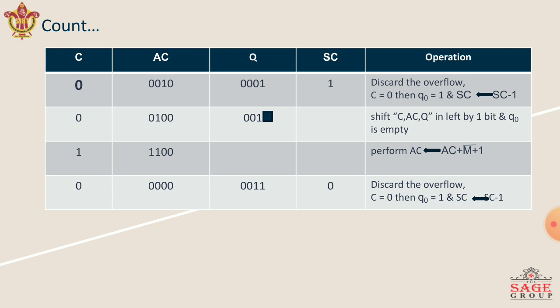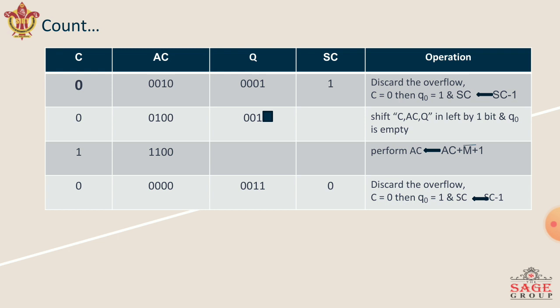And now again check the value of C. C equal to 0, then Q0 equal to 1, and SC is decremented by 1. So the value of SC is 1. Now SC is not equal to 0, so again check the value of C, which is 0.